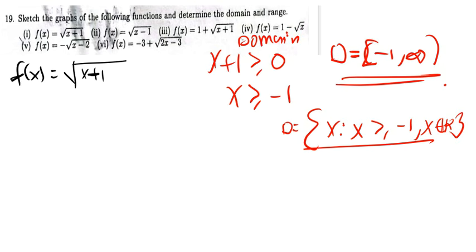Now how do you find the range? Just come up with simple coordinates. The condition is that x should be greater than or equal to -1, so you say -1, 0, then just put 3, and start plugging in the values. If we put -1, we get 0, since -1 plus 1 is 0 and the square root of 0 is 0.